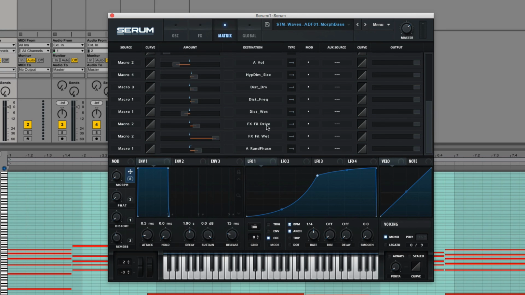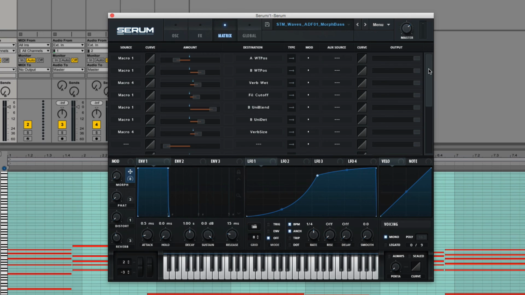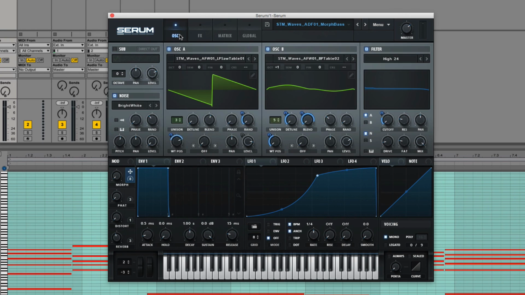It increases... one thing missing somewhere. And so you go from this mono forceful saw bass to sort of like a thin detuned pad.